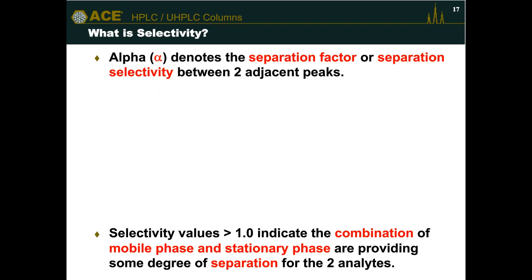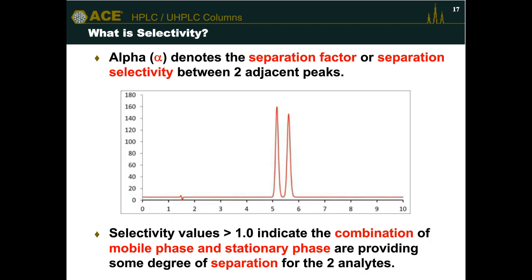So when we look at selectivity, we think about alpha, and this is a separation factor. So this is for two adjacent peaks. We want these to not be co-eluting. We want these to be separate, ideally baseline separation, so that we can touch the baseline before the next peak starts. You need to have a selectivity value, so an alpha value, above 1 to be separating out the peaks.